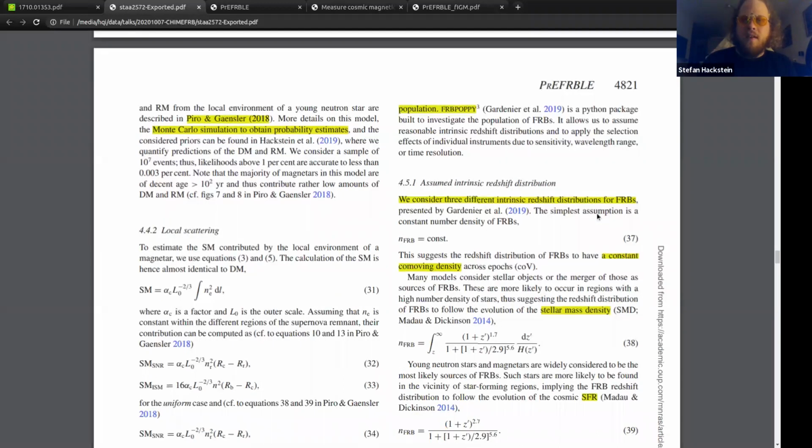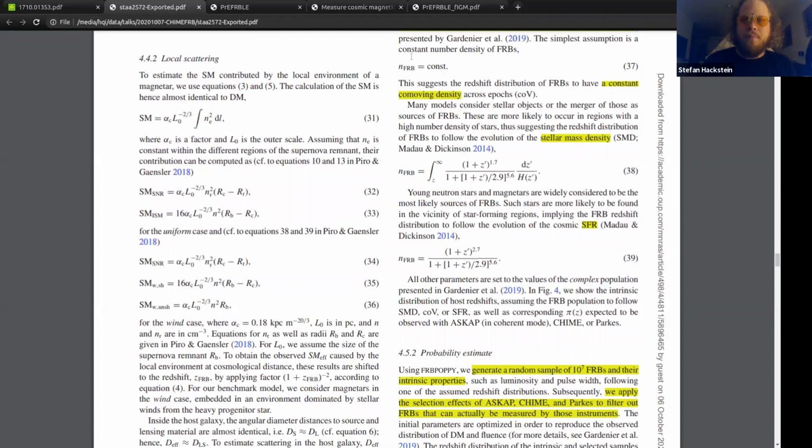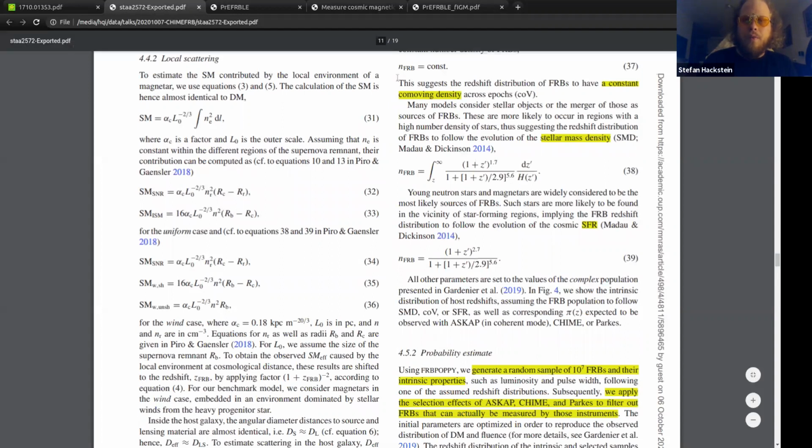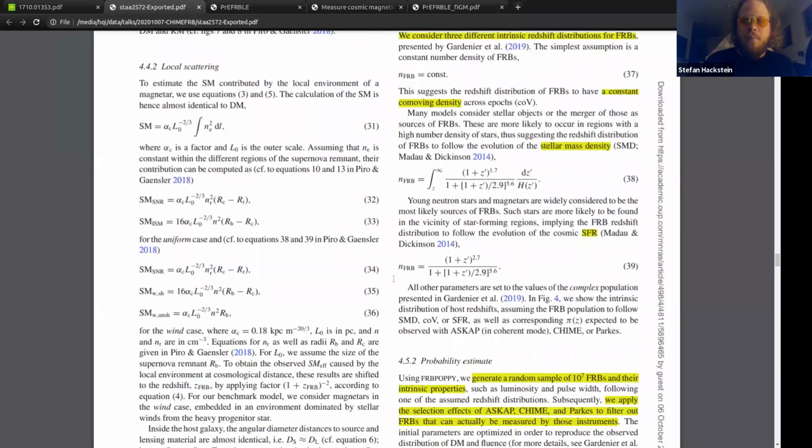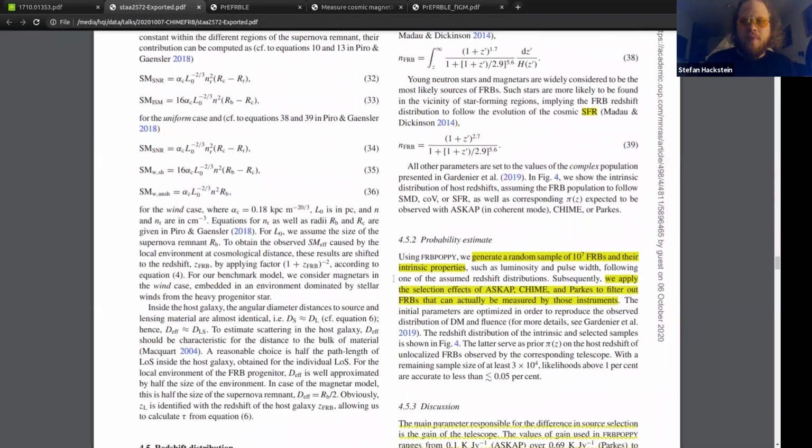So we basically assume three different intrinsic distributions, either following a constant co-moving density, following the stellar mass density, or following the star formation rate, and see how these different intrinsic distributions affect our observations.